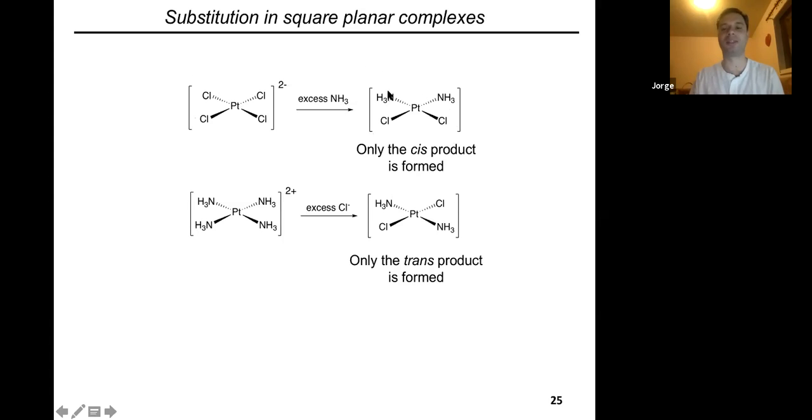Only the cis product is formed. However, if we start from the tetraamine platinum 2 and add excess of chloride, only the trans product is formed.